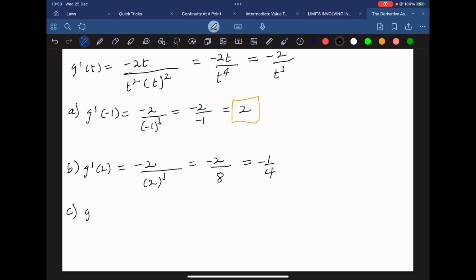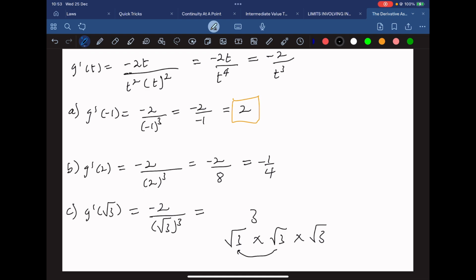The third one was g prime of root 3. So we have negative 2 over root of 3 cubed. Remember, root of 3 cubed is root of 3 times root of 3 times root of 3. This multiplying this, we just have 3. Now 3 times root 3, so we have 3 root 3.